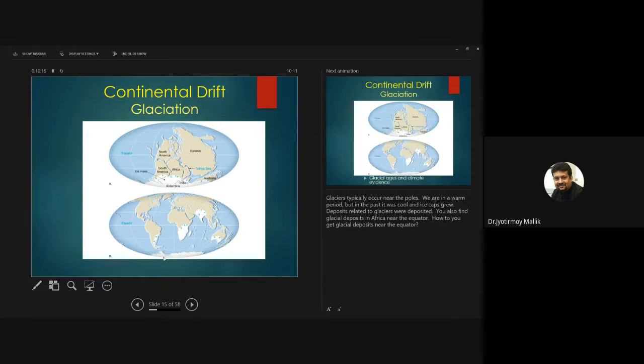That is also true for South Africa, Australia, as well as South America. You do see glacier beds which are not possible in today's positions. So that also provides some evidence that perhaps these continents were at a temperate region where you had extreme cold, where glaciation was possible, and now these continents have drifted apart from where they used to be.